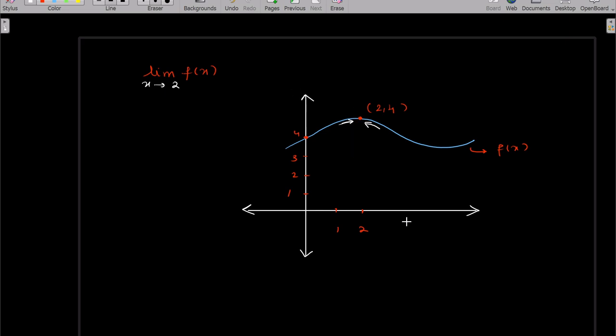You will see in many functions, when you approach from the left side and when you approach from the right side, you will get different limits. We'll do some examples of different limits.